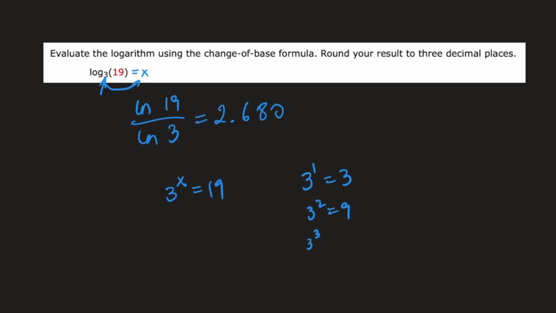And 3 to the third power is 27. I need 19. Therefore, 19 has to fall somewhere in between 9 and 27. In other words, somewhere in between second power and a third power. So 2.68 seems like it makes sense. And to double check, I would just take 3 to the 2.68 power, should give me something close to 19.